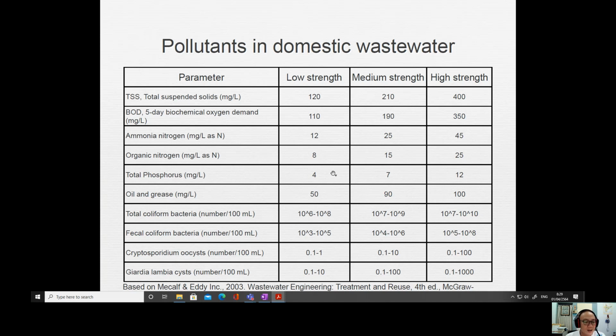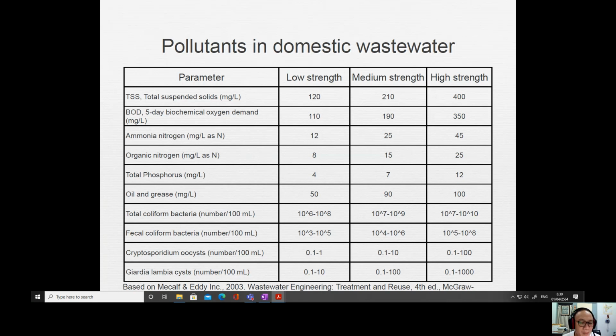And we all know that the presence of nitrogen and phosphorus will enhance the growth of algae. Growth of algae could be enhanced by these two nutrients. And if we keep discharging treated wastewater containing nitrogen and phosphorus, our receiving surface water sources will end up with eutrophication problems.